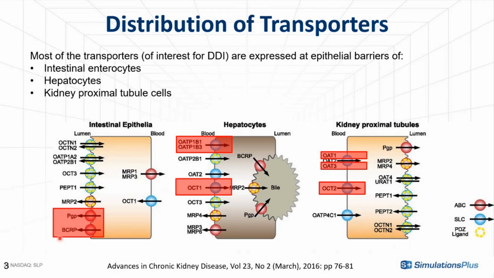Note that the transporters highlighted in red are those that we have studied and incorporated models for in ADMET Predictor. Also note that there are many other transporters for which we do not yet have a model. The biggest challenge in modeling these transporters is, number one, finding data, and also finding data whose quality is sufficient to allow a robust model construction.